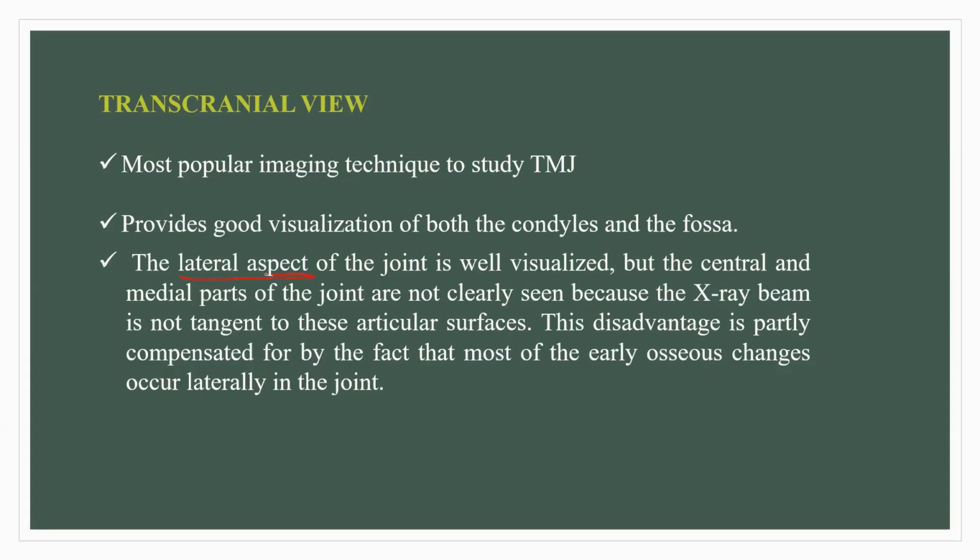The central and the medial parts of the joints are not clearly seen because the X-ray beam is not tangential to these articular surfaces. So just remember that it is the most popular imaging technique, and we can very well visualize the lateral aspects of the TM joint in this view.